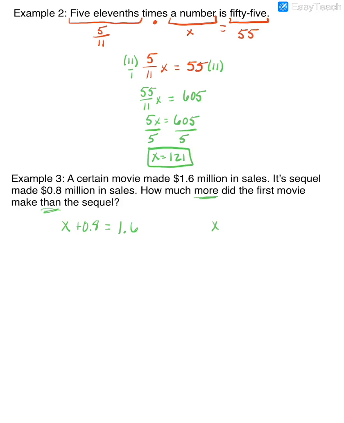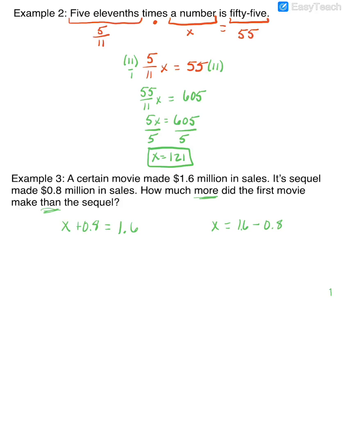Or, because I used the word difference there, the difference between the two is the actual amount that the first one made over the sequel. So you could say 1.6 minus 0.8, which equals x. That one's a little simpler. Either way, they're both equations essentially. One is just easier than the other.